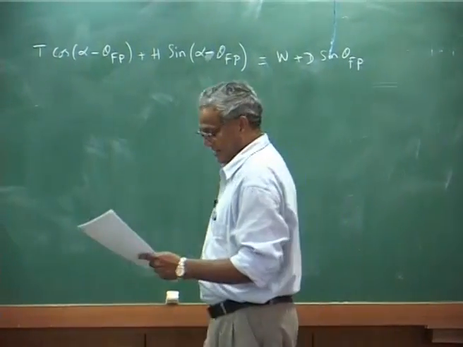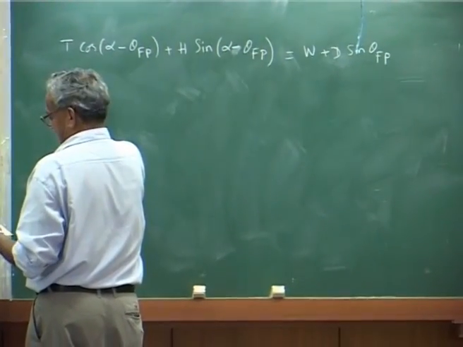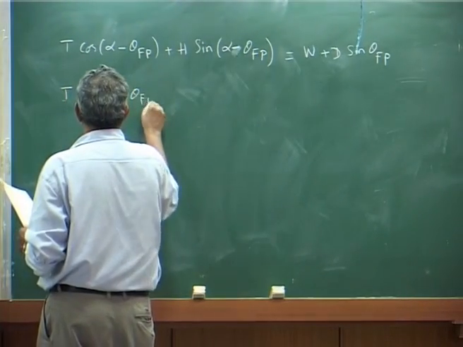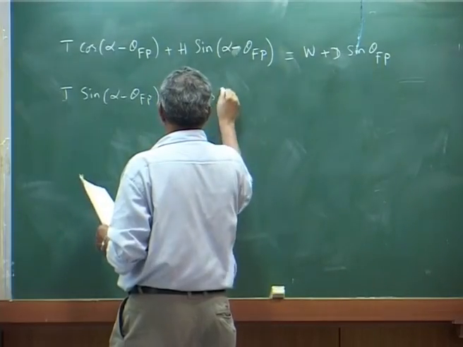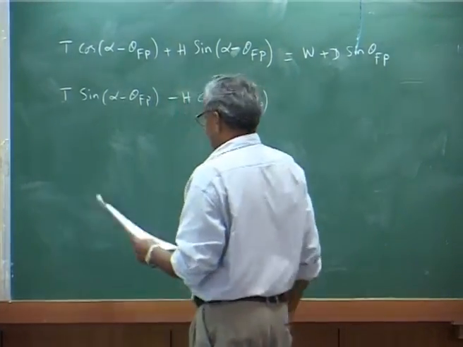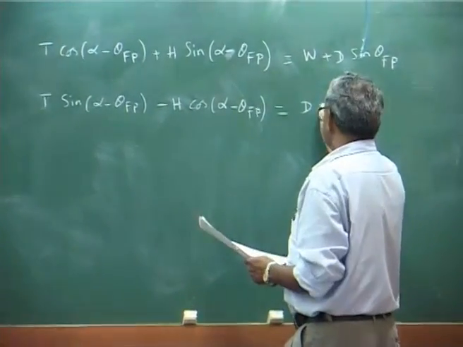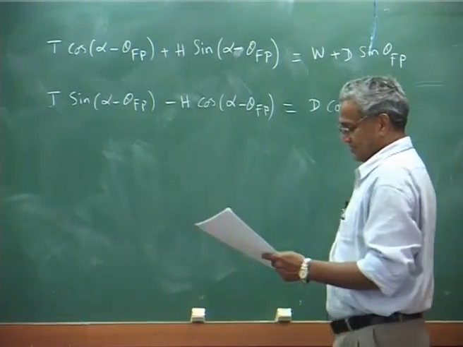And then in the horizontal direction you will have T sine alpha minus theta f p minus H cosine alpha minus theta f p equals D cosine theta f p. This is from equilibrium.